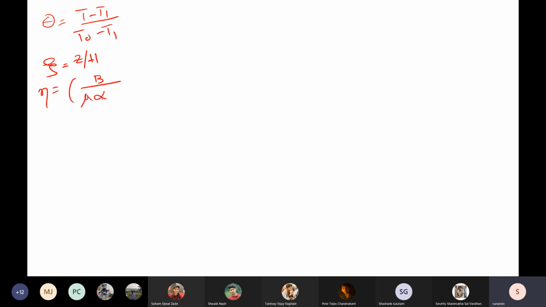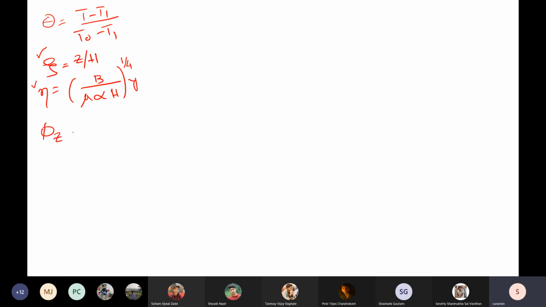So this alpha is K by rho Cp, that you know. This mu is the viscosity, H is the length of this. So your Z variable has now been replaced by zeta, your Y variable is replaced by eta, and so on.